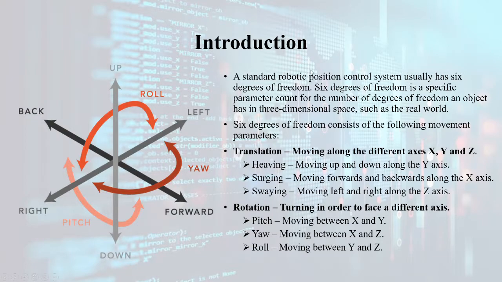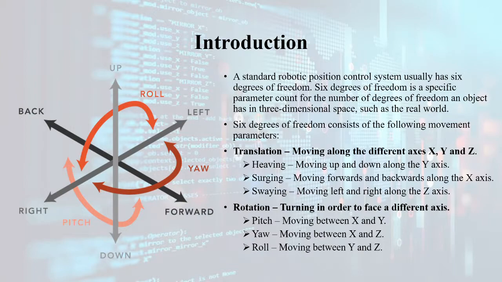A standard robotic position control system usually has 6 degrees of freedom. 6 degrees of freedom is a specific parameter count for the number of degrees of freedom an object has in 3-dimensional space, such as the real world. 6 degrees of freedom consists of the following movement parameters, which are translation and rotation.